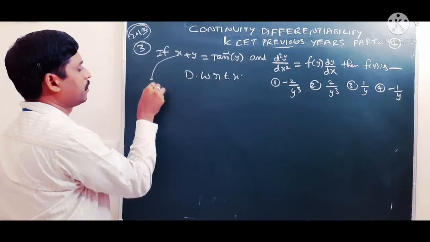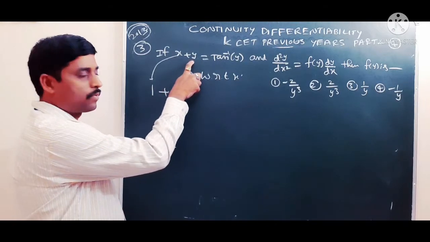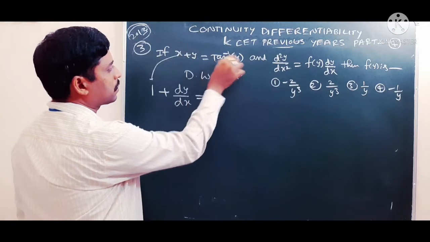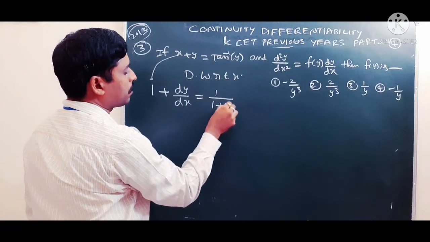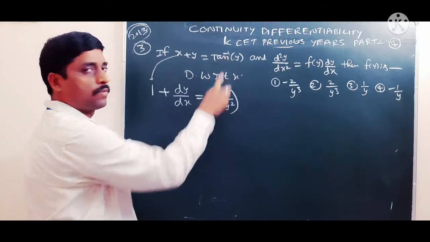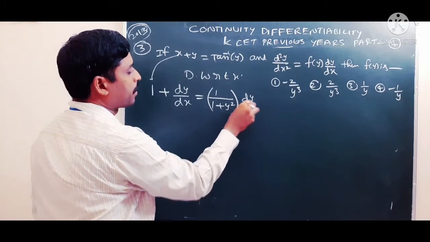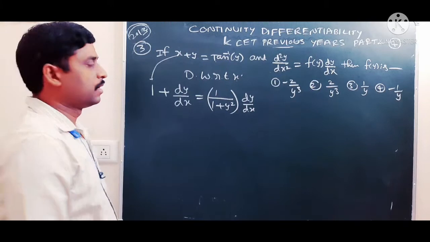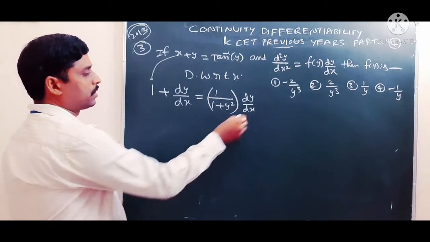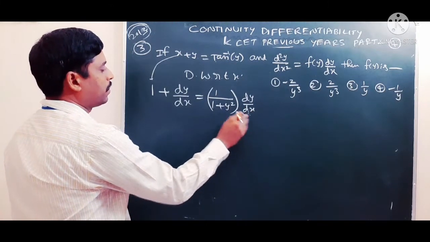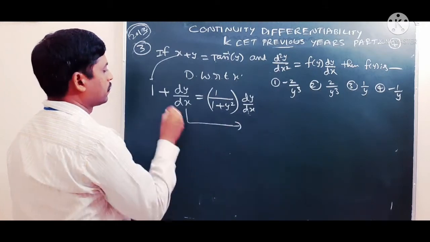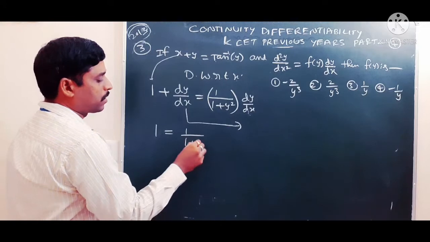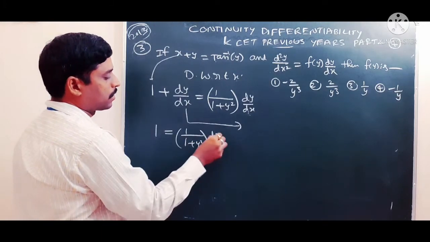Differentiation of x will be 1. Differentiation of y, we get dy by dx, equal to the differentiation of tan inverse y, which is 1 by 1 plus y square, this is the formula, into dy by dx. Now bring the dy by dx term to the left side. 1 is equal to 1 by 1 plus y square into dy by dx.